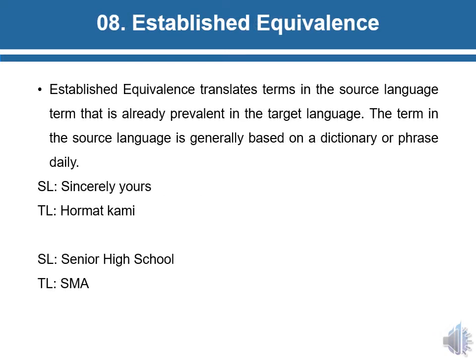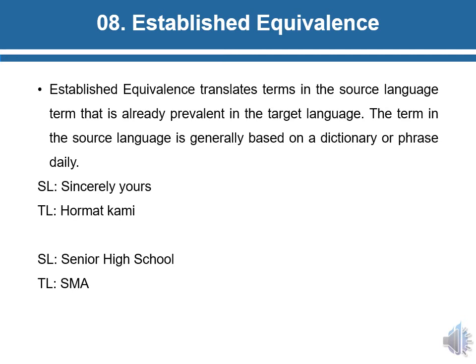All right, the eighth translation technique is established equivalence. Yeah, established equivalence translates terms in the source language with a term that is already prevalent in the target language. The term in the source language is generally based on a dictionary or phrase daily. Yeah, if it is not available in a dictionary, sometimes you can find it in journals, for example.